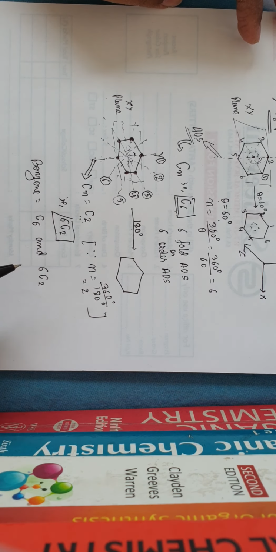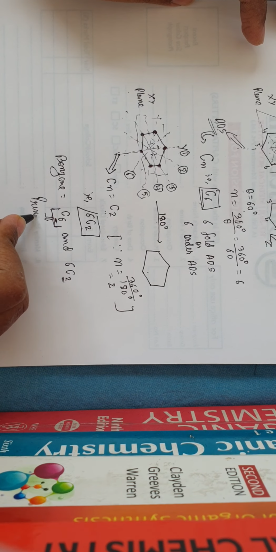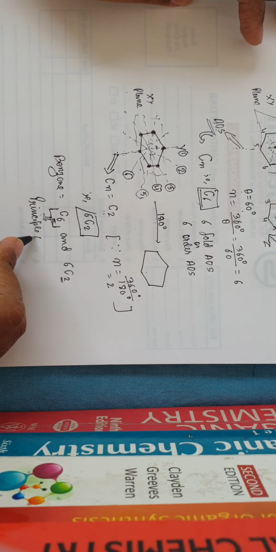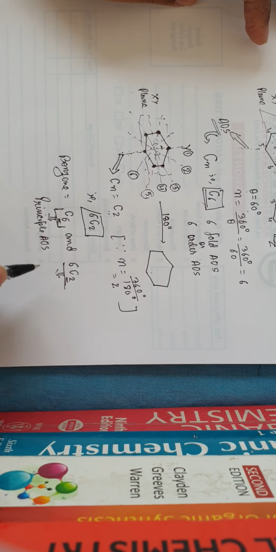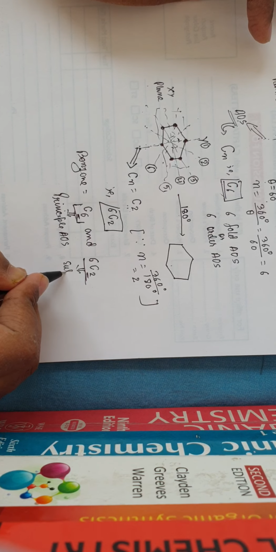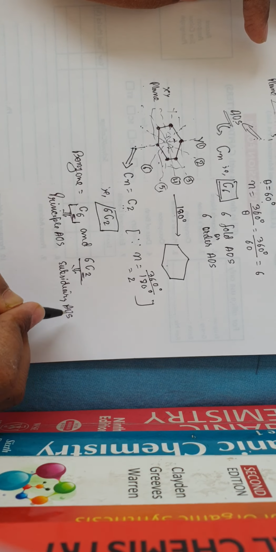A new term I introduce to you: the axis of symmetry having the higher fold. This is 6-fold, this is 2-fold, this is 6th order, this is 2nd order. The higher fold axis of symmetry is known as the principal axis of symmetry, while the rest are called subsidiary axes of symmetry.